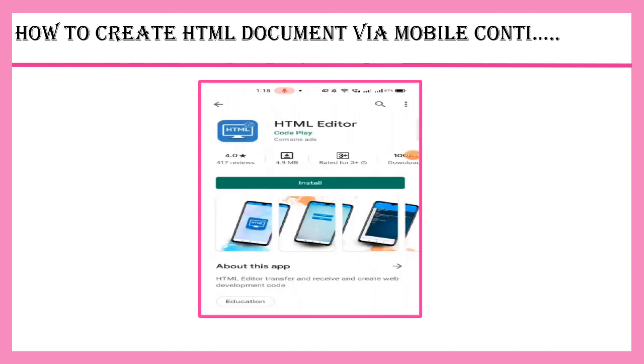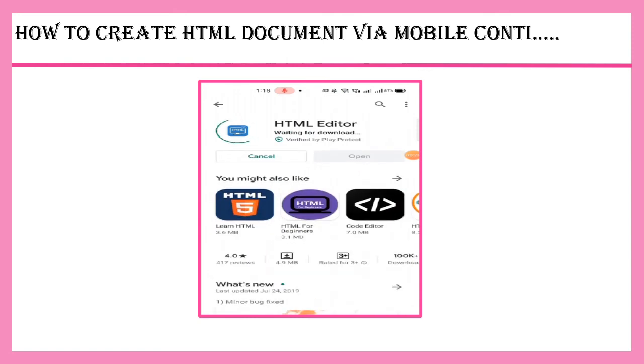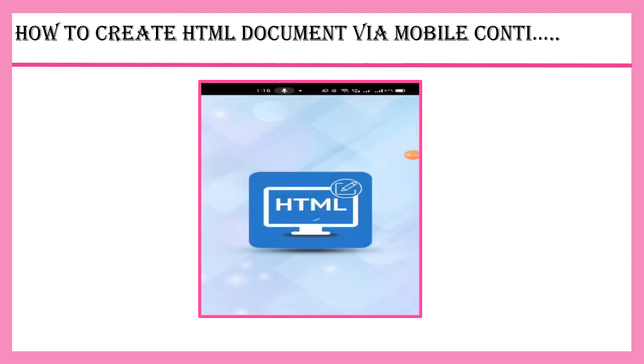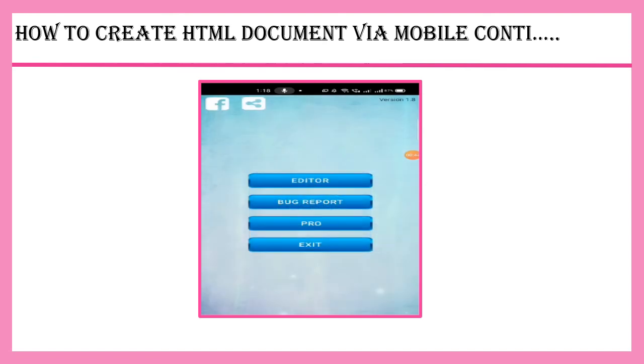And now you have to install it. It is getting downloaded. Now it is installing. Give open, children. Now you can see this is your HTML editor. So like this you can download it from the Play Store, children.